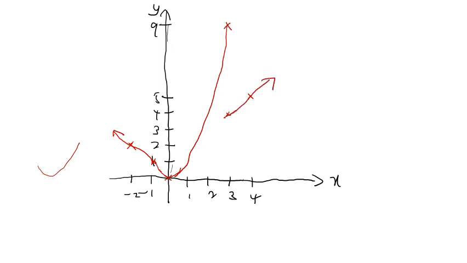Okay, so this is the graph from our example, and the question here is, what is the domain? So remember the domain is where the function is valid for the value of x. So check the graph.